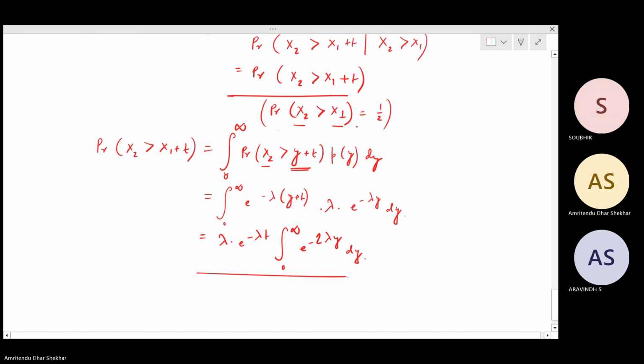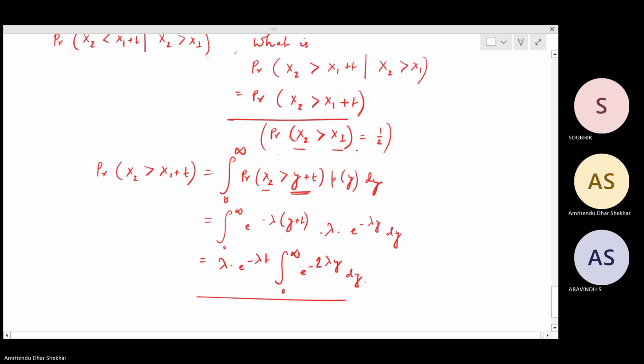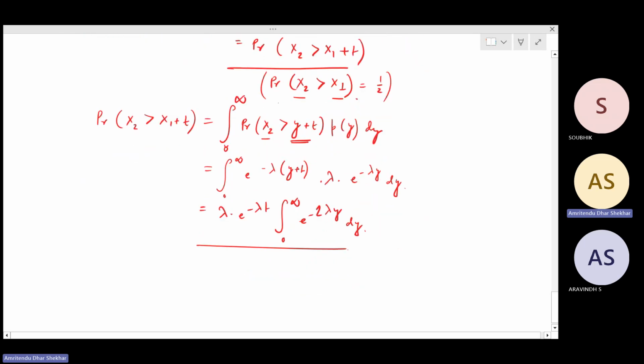And if you compute this, it comes out to be equal to e to the power minus lambda t upon 2.